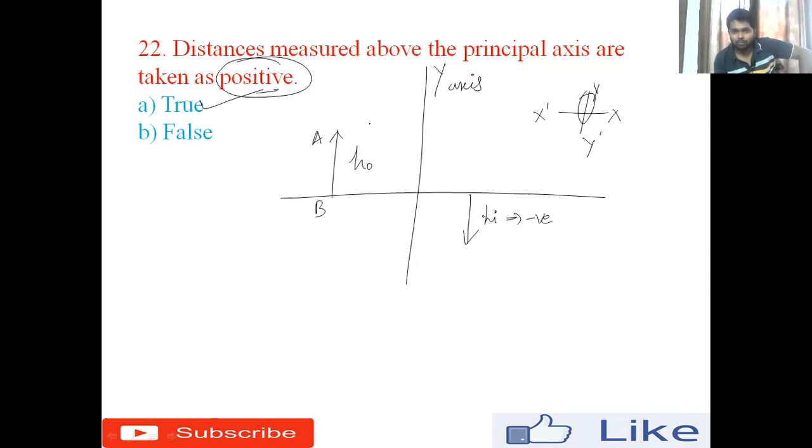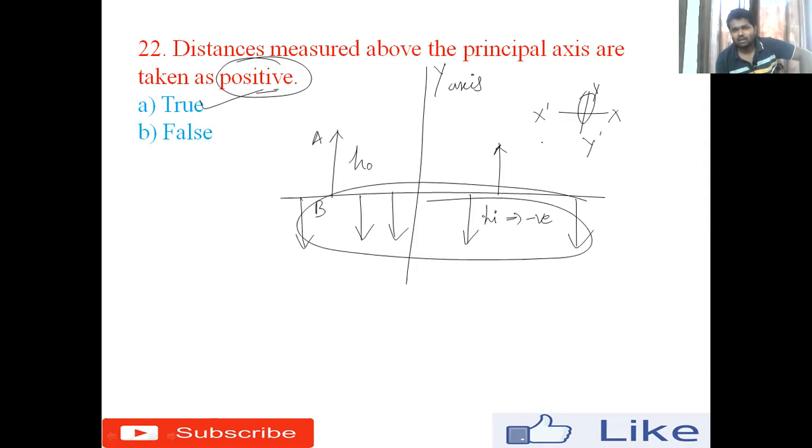Above the principal axis, anything which is standing upright, we have to take as positive. Anything inverted, head down, we have to take as negative in this direction. In this direction, that is the upward direction, we take it as positive.